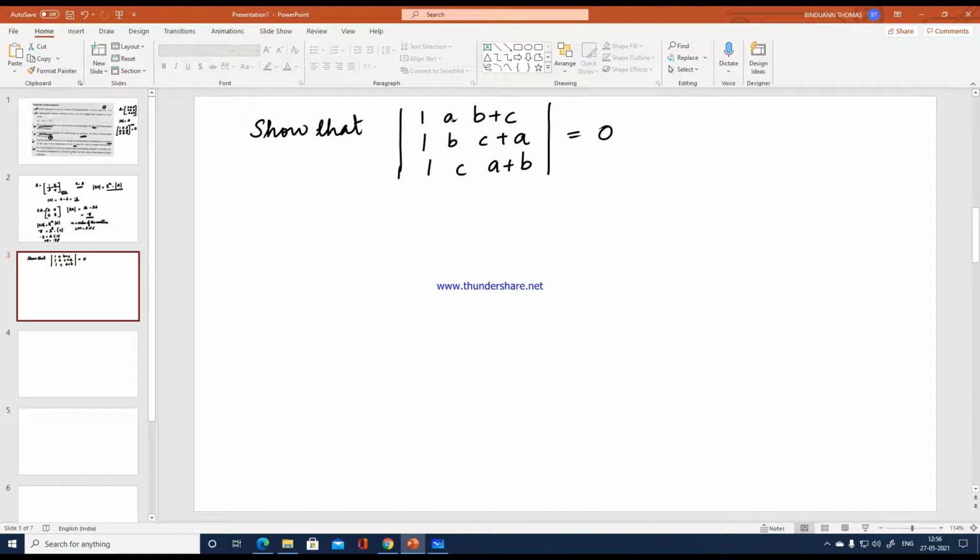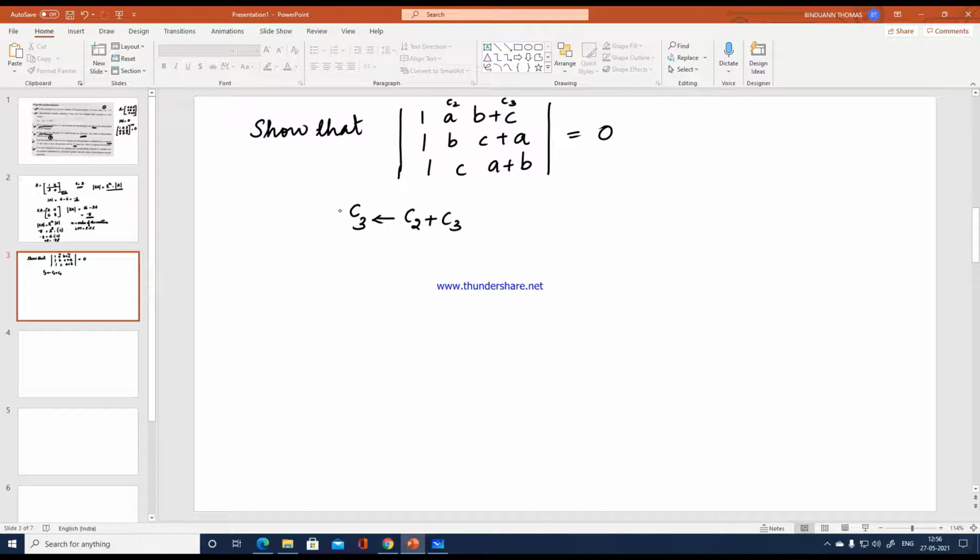If you add column 2 and column 3, we'll be able to get A plus B plus C, so everything will be common, right? So we write column 3 is equal to column 2 plus column 3.